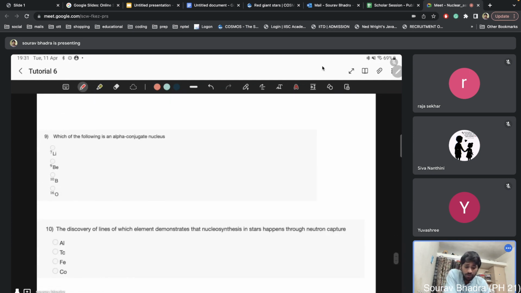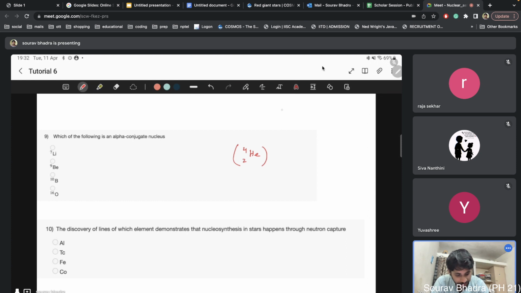Now 9, which of the following is an alpha conjugate nucleus? Alpha is 4He2. If any element can be expressed as a multiple of this 2He4, that is called an alpha conjugate element.